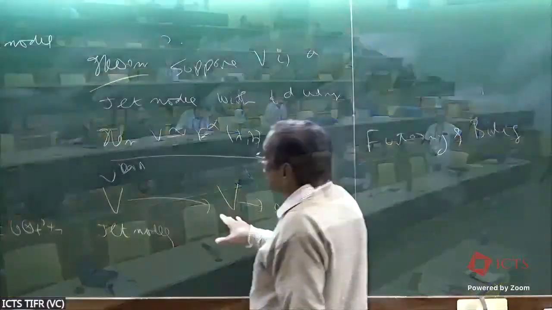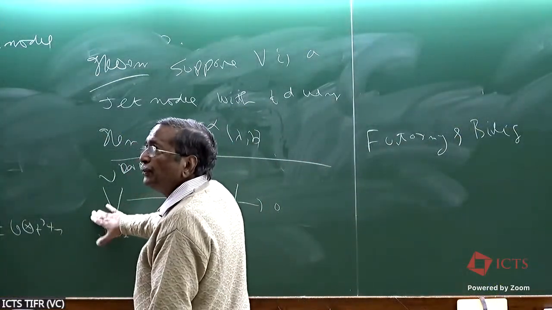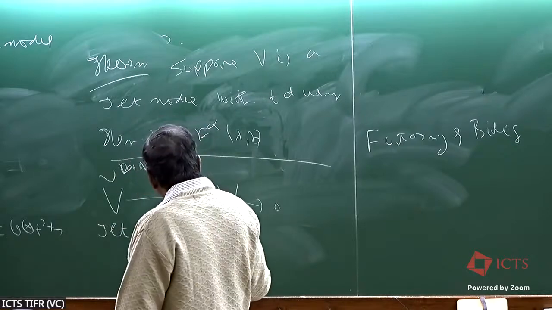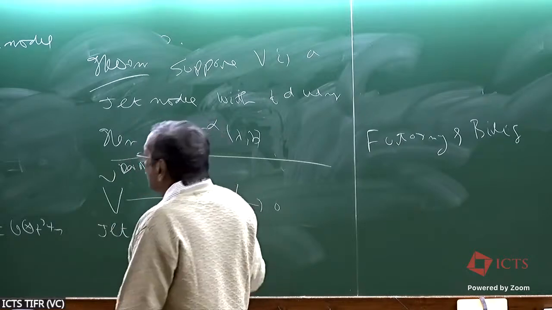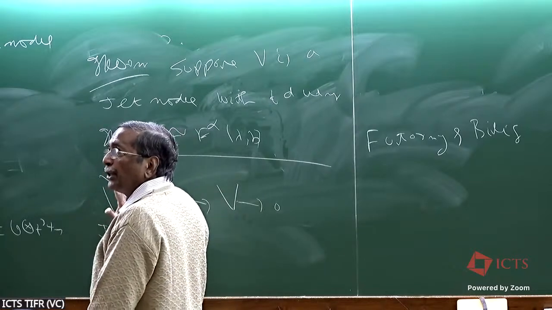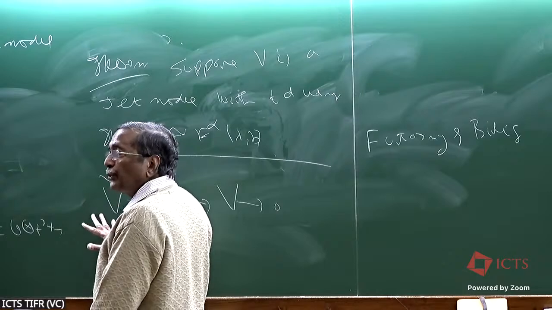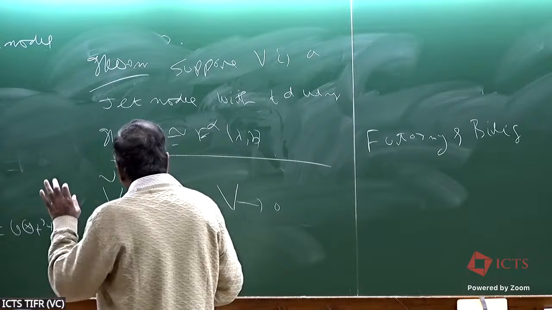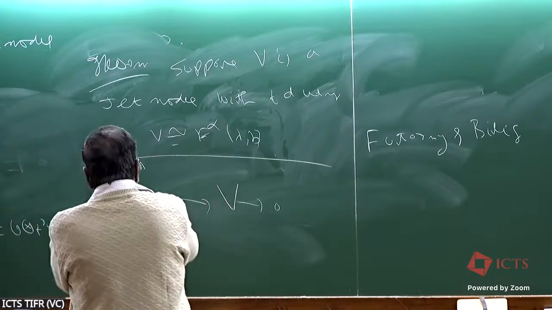Modules. This module, jet module. Given a module V, they produce another module, which is a jet module with finite weight spaces. You start with a module with finite weight spaces. But this is a jet module. It need not be irreducible. They couldn't prove that it's irreducible. It's a jet module with finite weight spaces. Sorry, this is what they proved. From this it will follow.